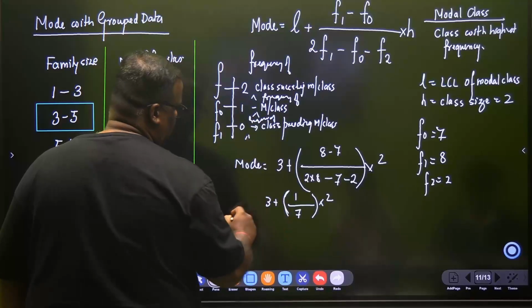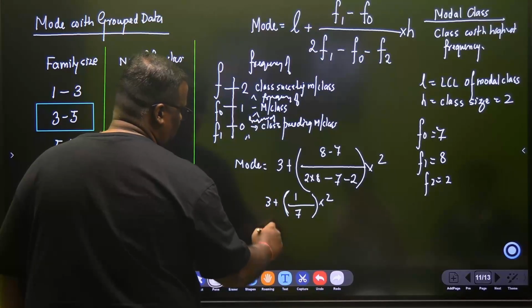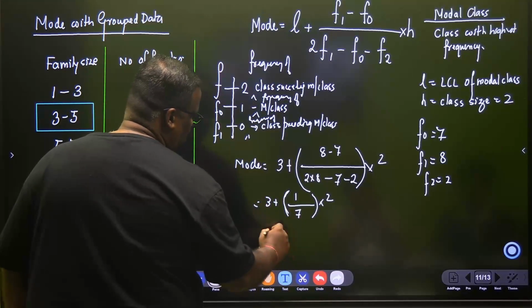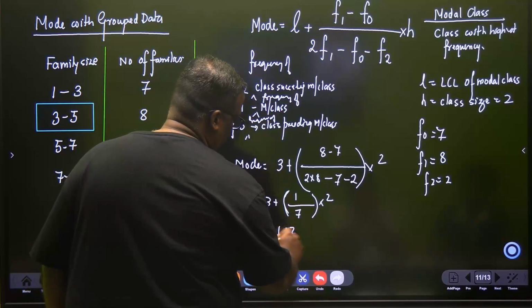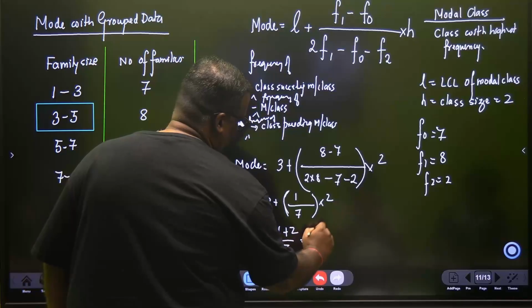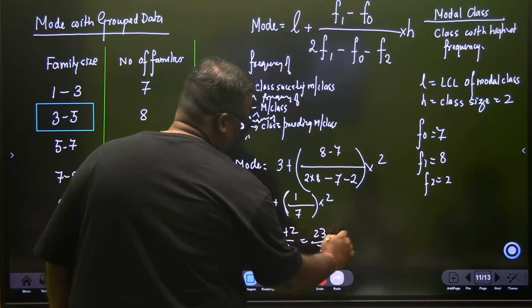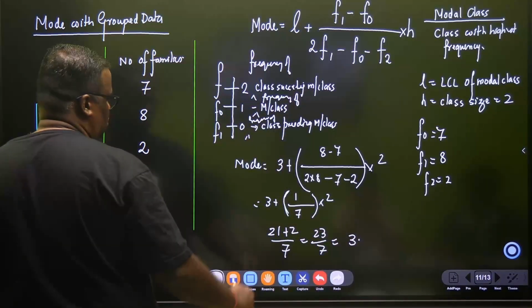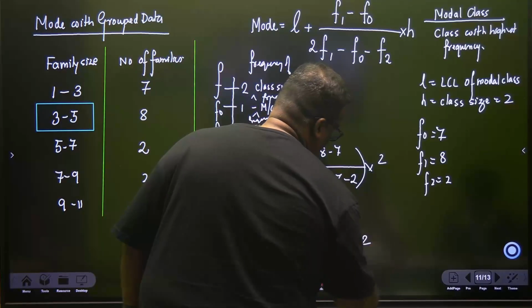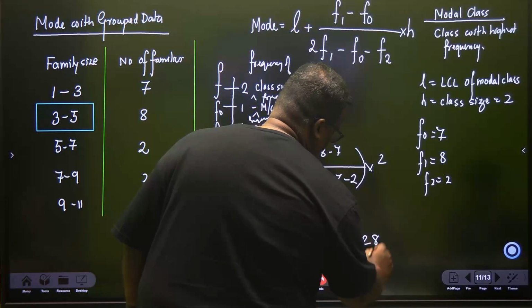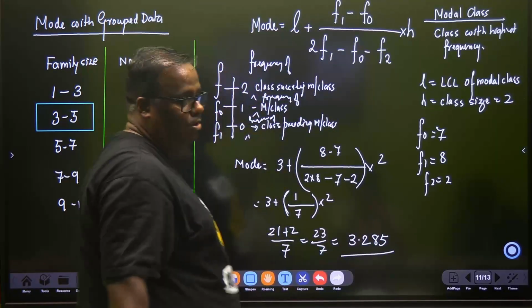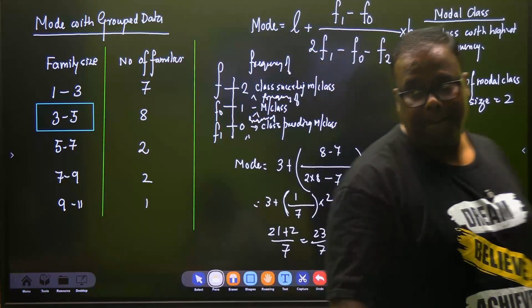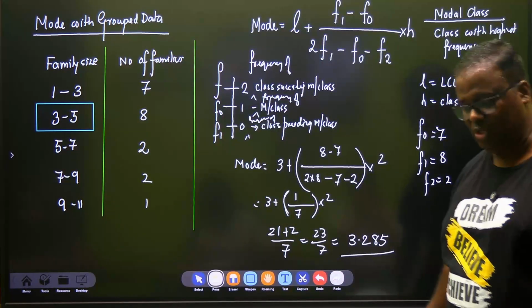3 plus. So finally your mode will be 7 3s are 21, plus 2 divided by 7, which is 23 by 7. 7 3s are 21, 7 2s are 14, 7 8s are 56, 7 5s are 35. 3.285 is your mode. ठीक है?